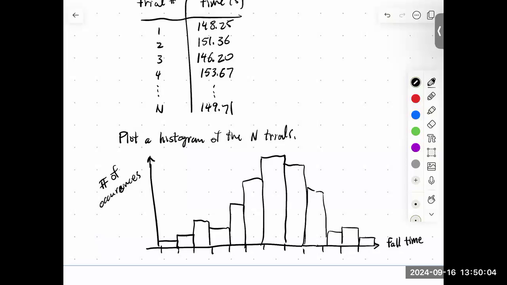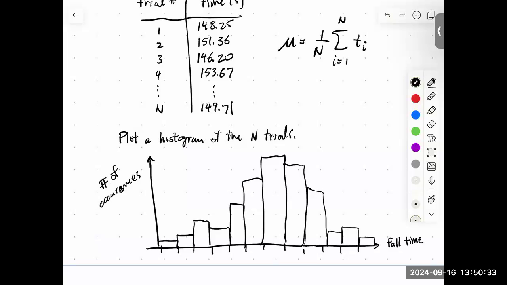If you had your data, how could I come up with some kind of quantity from these data that's going to locate where the peak of this is? Take an average, right? So if I take the average of these measurements, I'm going to add up all the different fall times for i equals 1 to n, and then divide by n.